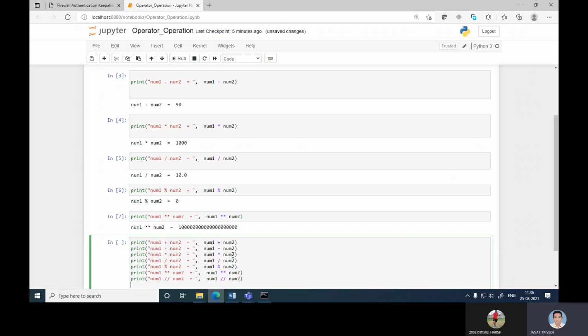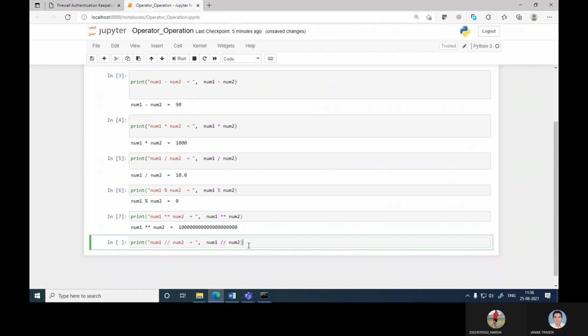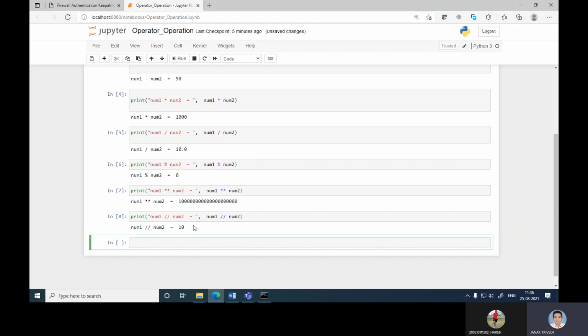Then the last one, floor division. In this case, the value is an integer. So this is all about the arithmetic operators. Hope you have understood. If you have any kind of doubt or difficulty, you can write in the comments below.